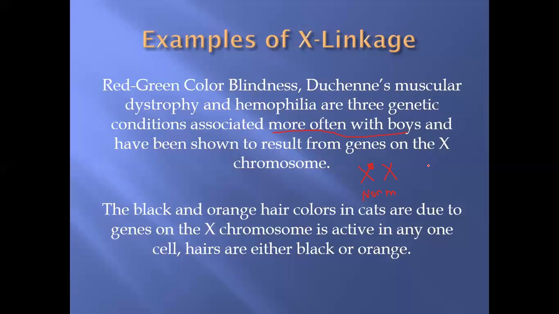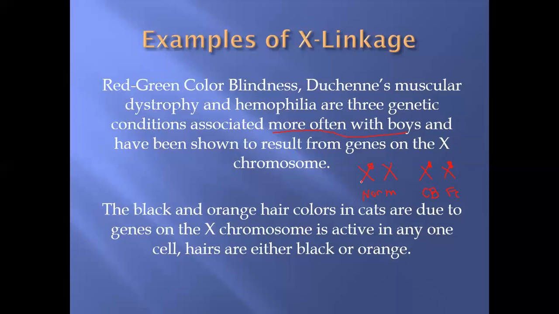For a girl to be colorblind, she would have to get a mutated X from her dad and one mutated X from her mom. So her mom would either have to be a carrier of colorblindness or would have to be colorblind, and her father would have to be colorblind. So this would be a colorblind female, and I'm just going to write CB and then female. So this would be a colorblind female's genotype.